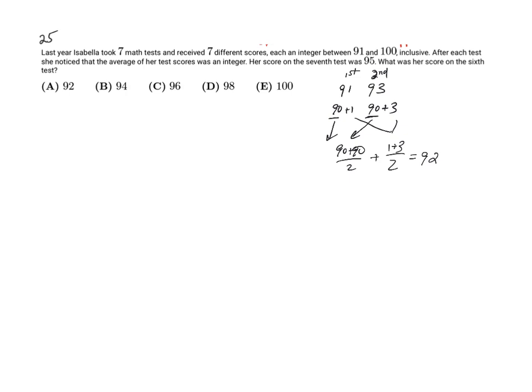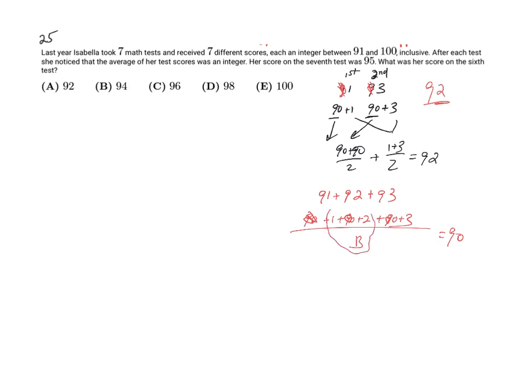So for simplicity purpose, instead of 91 and 93, you can consider just 1 and 3. The average will be 2, so the score will be 92. If you have 3 scores, say 91, 92 and 93, it's the same as 90 plus 1, 90 plus 2, 90 plus 3 divided by 3. And then these 90s divided by 3 will be 90.